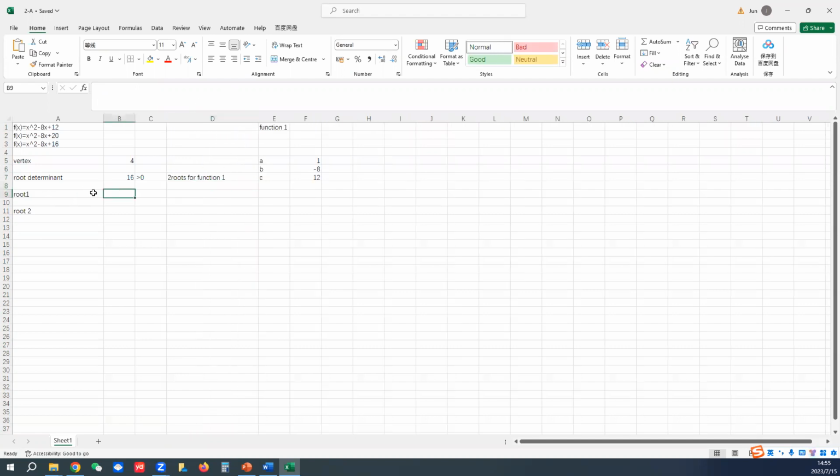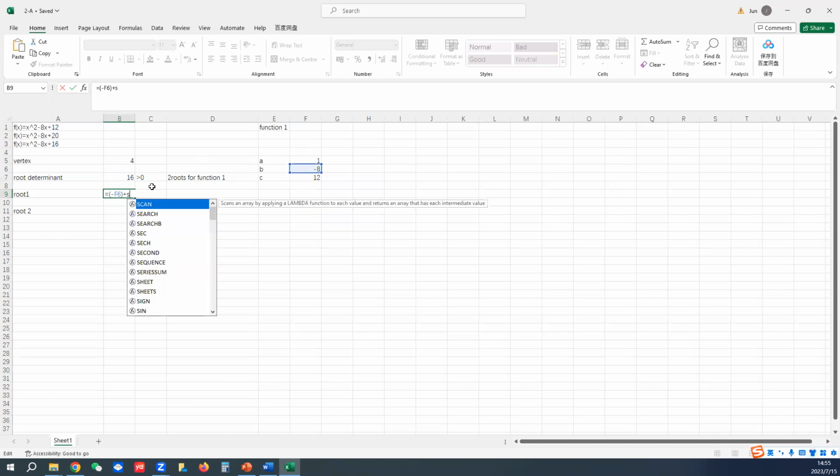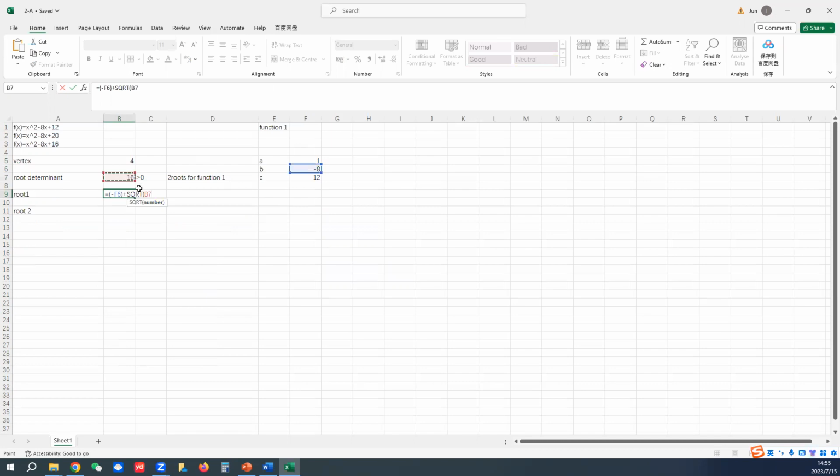Then we can solve for the roots. The formula that we are invoking to solve for the root is minus b plus the square root of b squared minus 4ac, which is the root determinant.